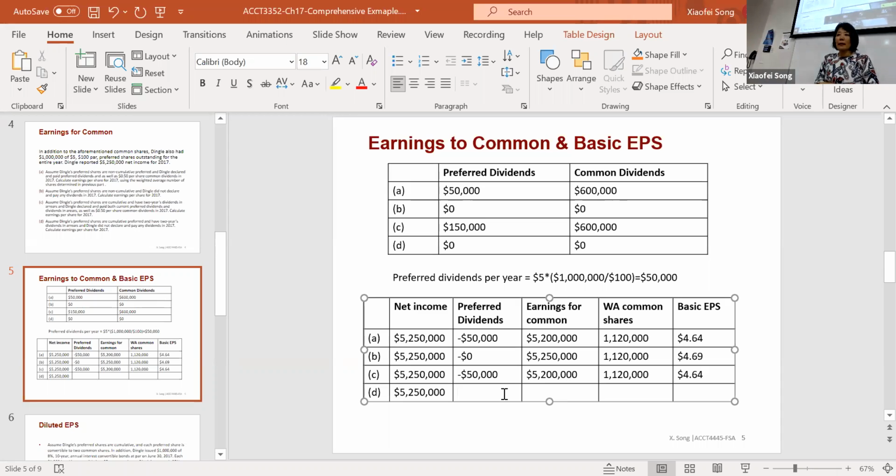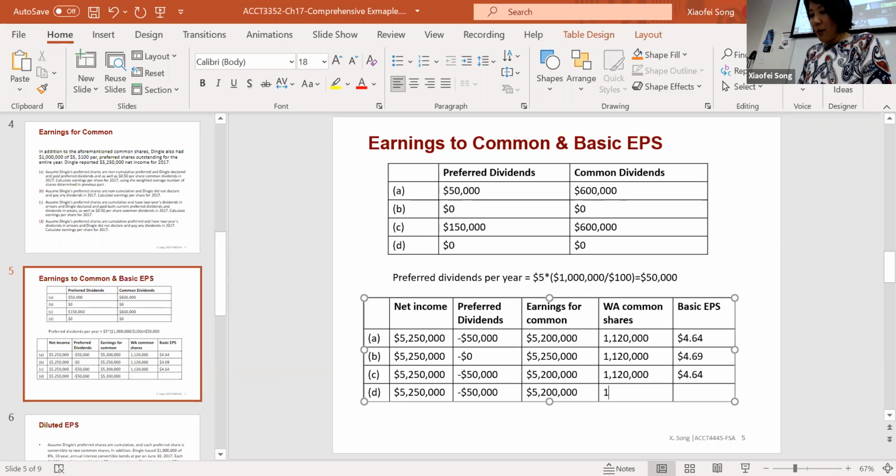So then we are at item 4. This time no dividends were paid, but preferred shares are cumulative. So we still subtract 1 year, even though nothing was paid. When you have cumulative shares, it doesn't really matter whether you declare or pay dividends, or how much you paid.